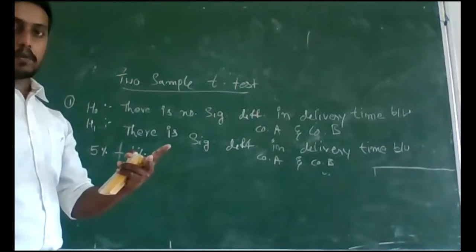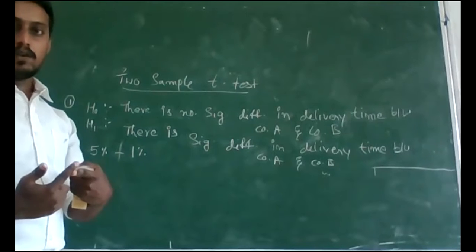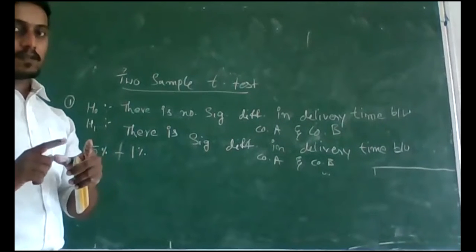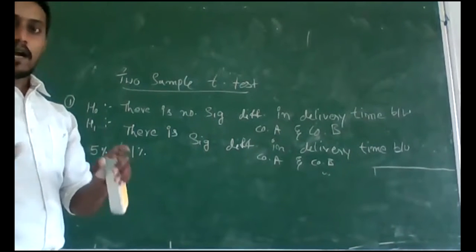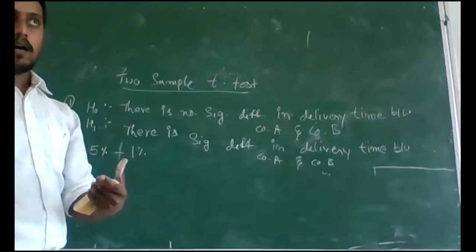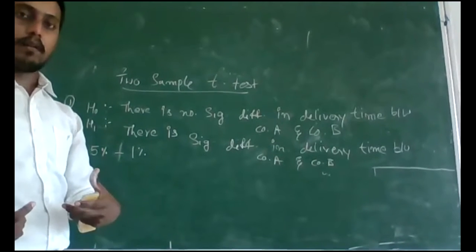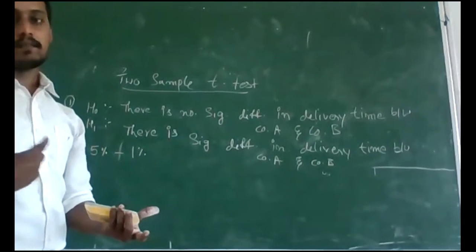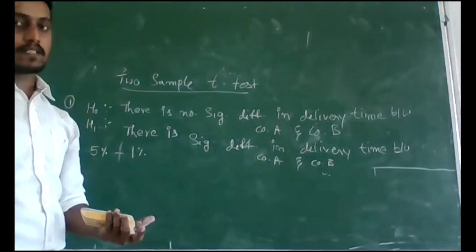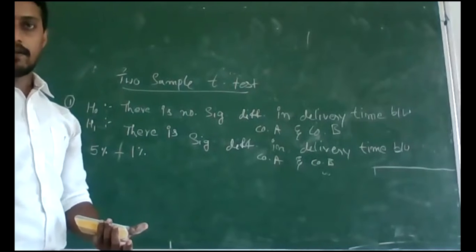There are two samples, that is company A's delivery time and company B's delivery time, completely independent from each other. There is no relation: the sample taken from company A is completely different from the sample of company B. There is no relationship between company A's delivery time and company B's delivery time.